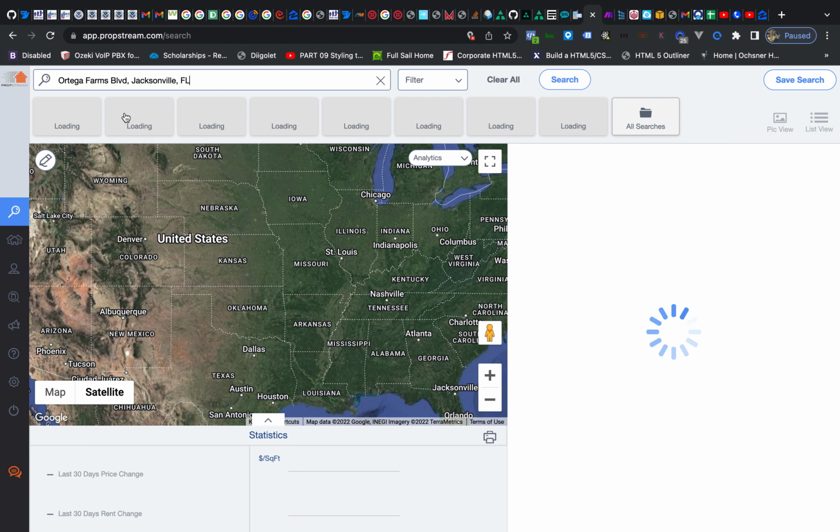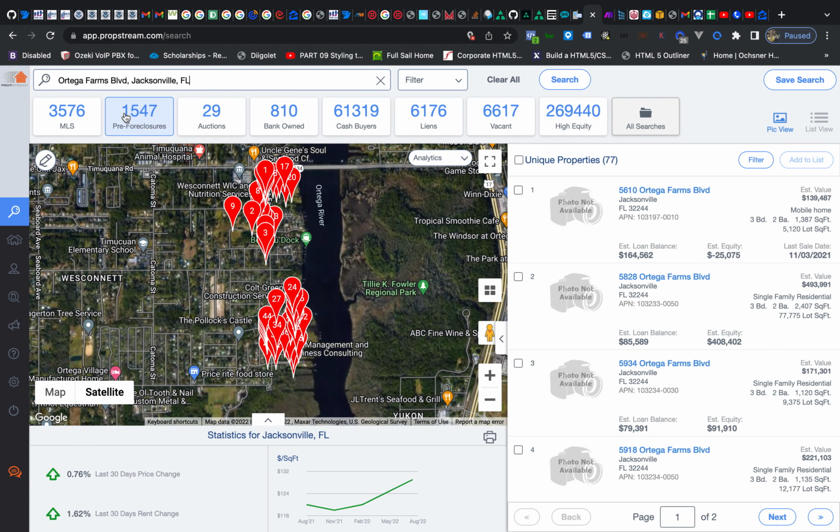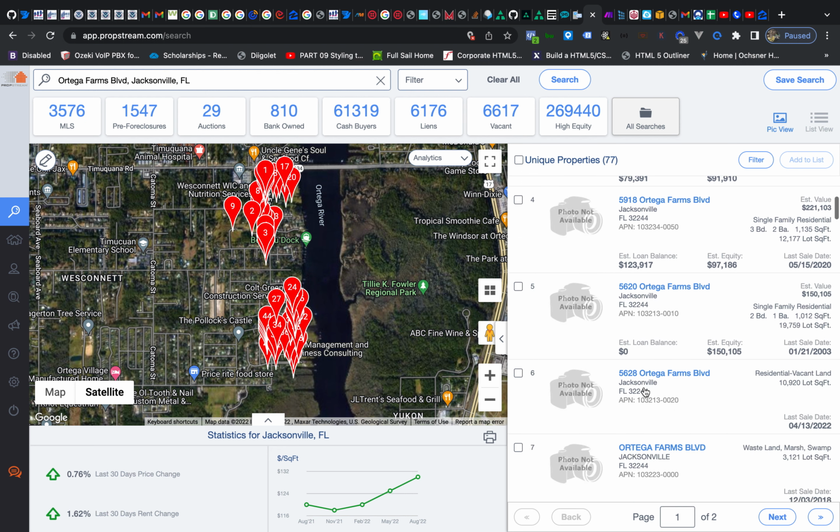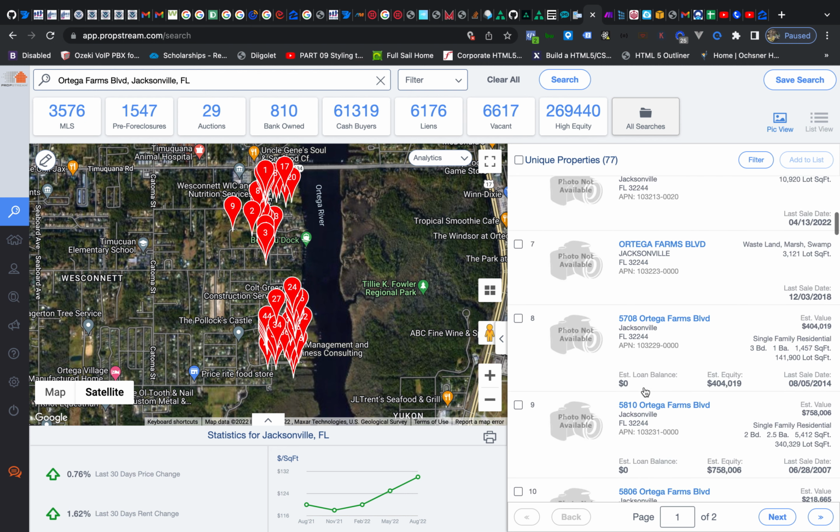So sometimes when you have a hard time finding lands in PropStream, all you gotta do is remove the numerical value. In that case, it shows 0 Oak Ridge Farm, so just remove the 0, and then it should give you all the available properties that are in that area.